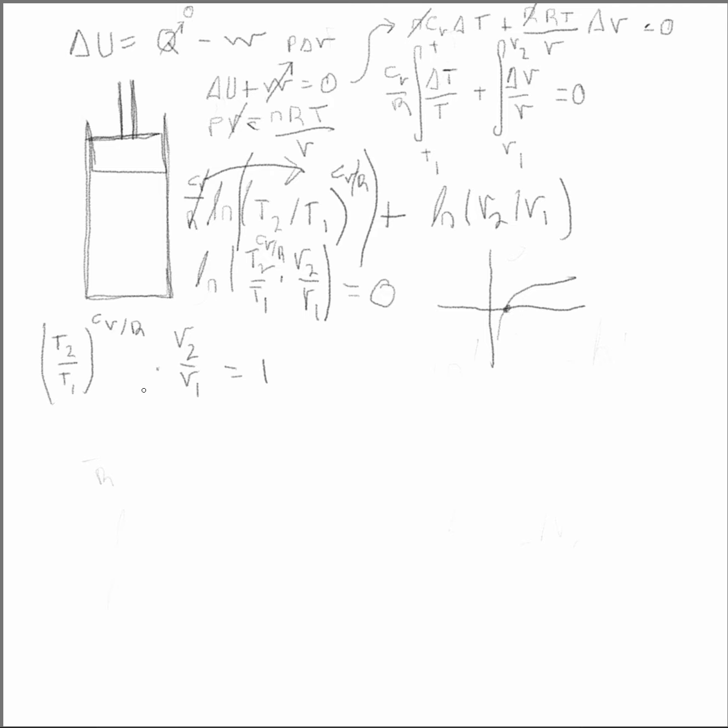All right, and this one is pretty easy from here on out. We raise both sides to the R over C sub V. T2 over T1 times V2 over V1 to the R over C sub V equals 1.